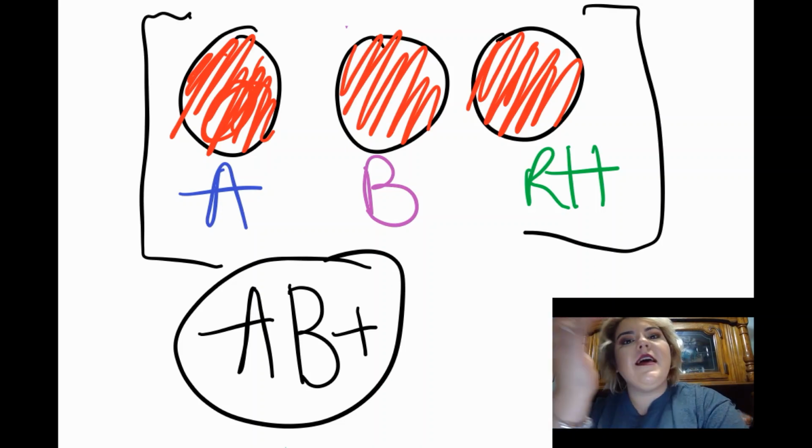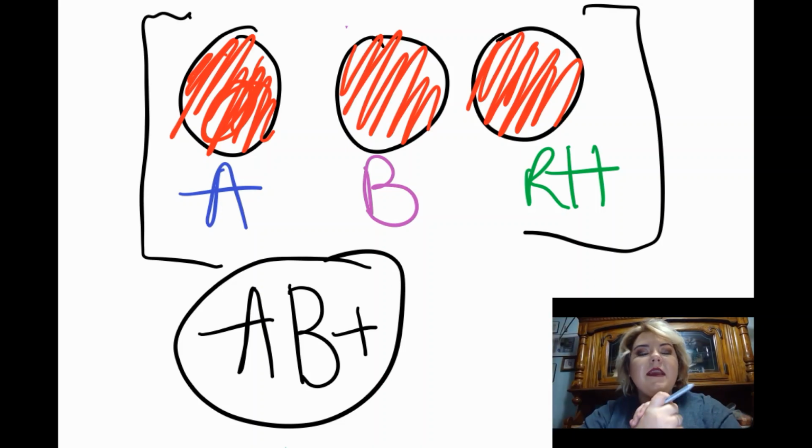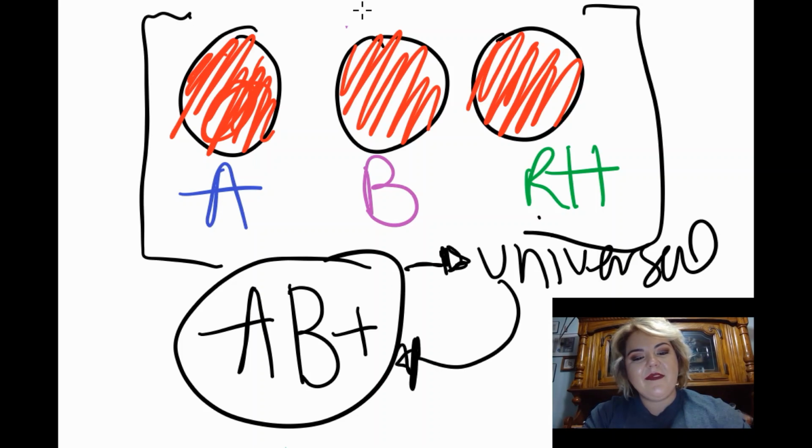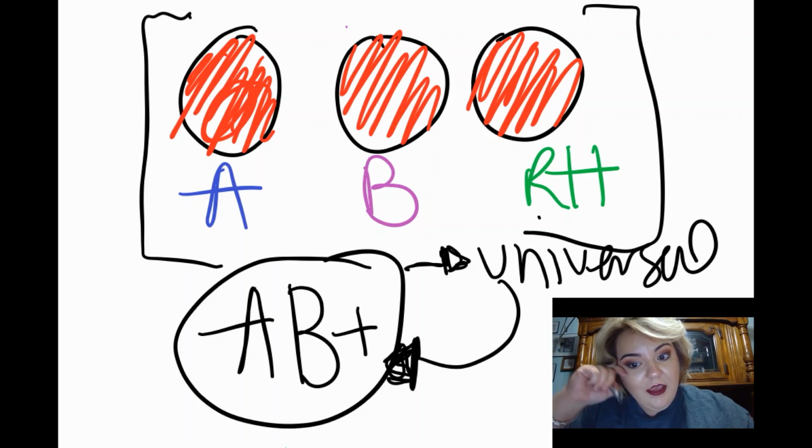Well, that tells us that we can give that patient anything. Why? Because AB positive is the universal recipient. So we're safe to give that patient anything that we have on hand and that's available.